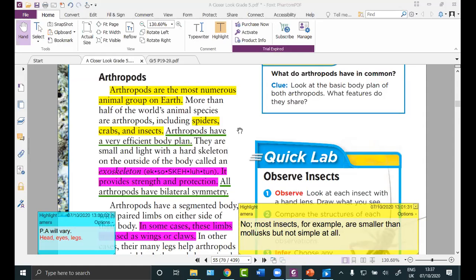They are small and light with a hard skeleton. The hard skeleton on the outside of the body is called an exoskeleton. It provides strength and protection. All arthropods have bilateral symmetry.